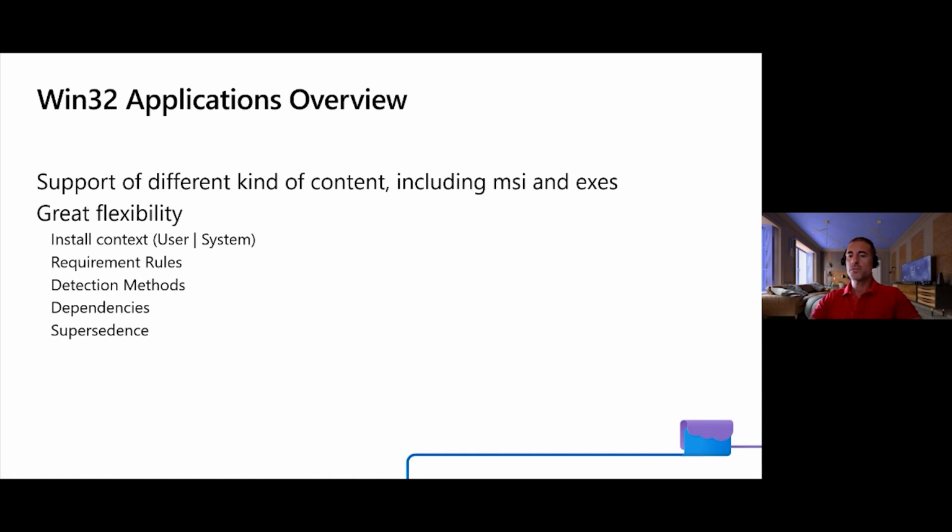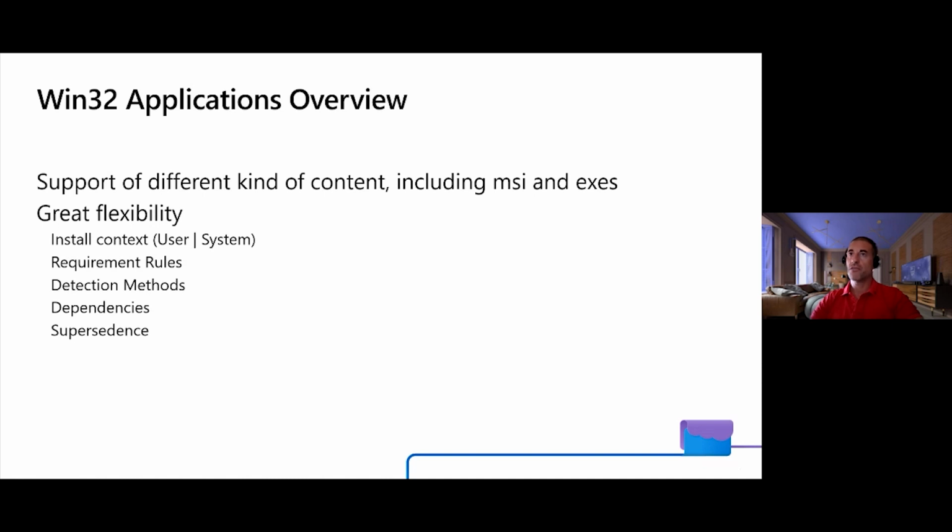With Win32 apps, you can decide whether you want to install the application in the system context or in the user context. You can determine which requirements targeted devices must meet. You can define the detection method to avoid installing apps if they are already installed on the device.